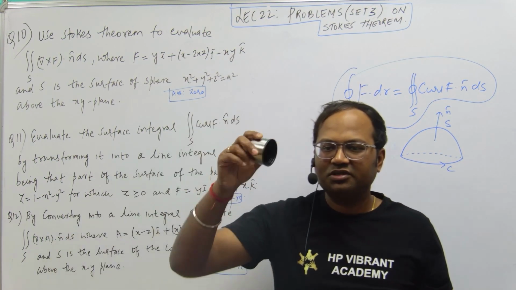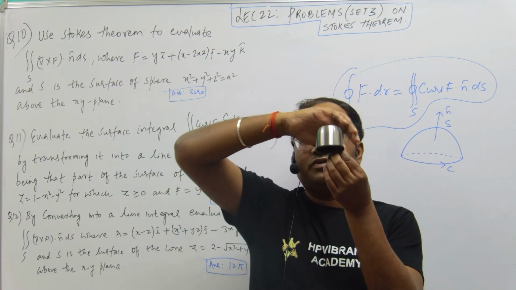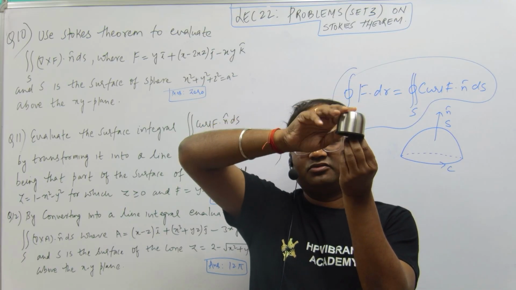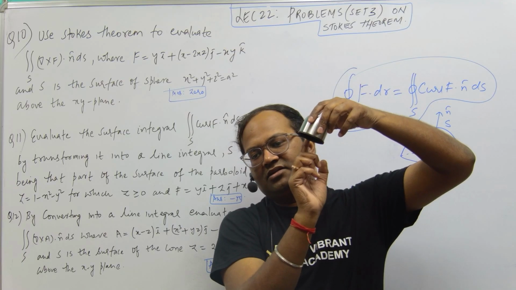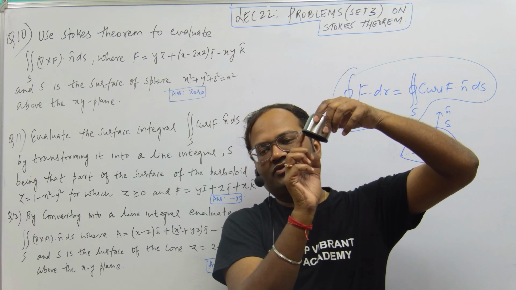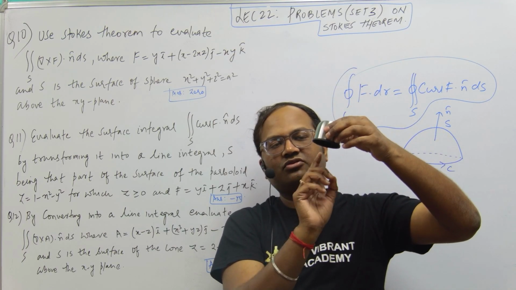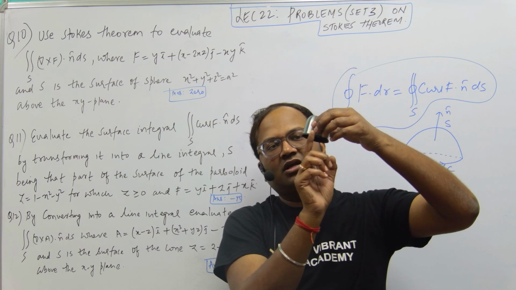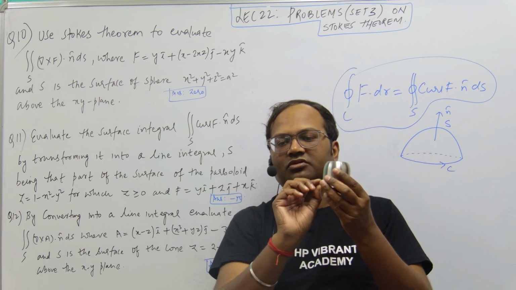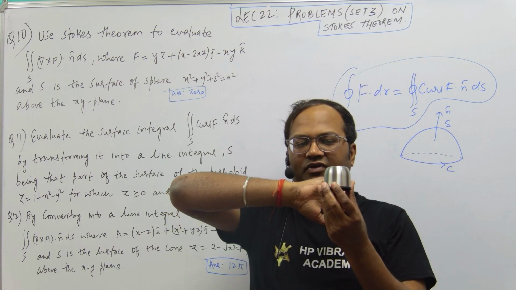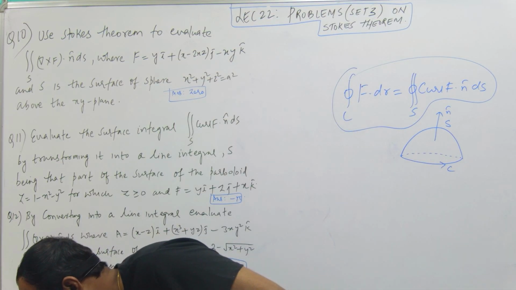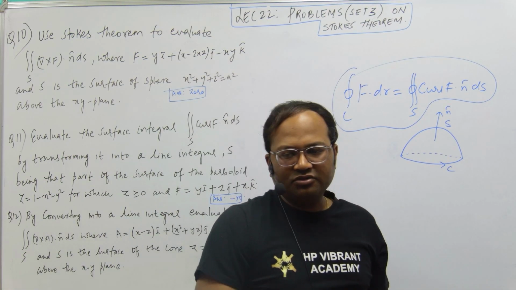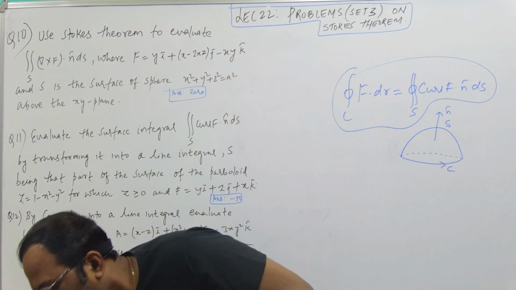This gray colored portion is surface S and this black colored curve is our curve C. As per the Stokes theorem, the line integral of f dot dr along the curve C is equal to the surface integral of curl of f dot n cap into ds. This is the basic relation. Now let us solve these questions one by one.